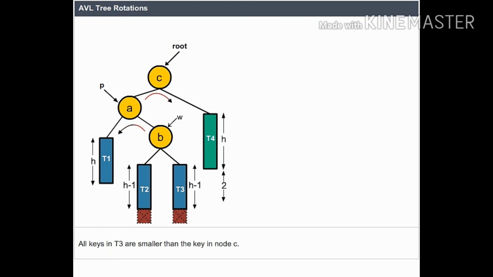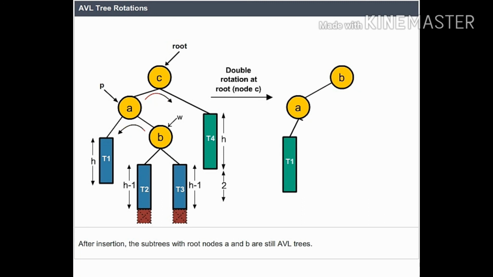All keys in T3 are larger than the key in node C. All keys in T3 are smaller than the key in node B. All keys in T2 are smaller than the key in node B. All keys in T2 are larger than the key in node A. After insertion, the subtrees with root nodes A and B are still AVL trees.